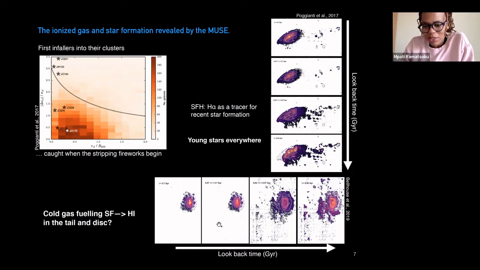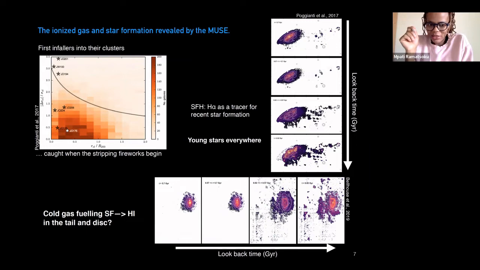And you see a similar thing with this galaxy over here, which is J201, where yes, in the past, most of the stars were forming within the disk. And as you move into the now, you see that there are still young stars forming both within the disk and in the tail.